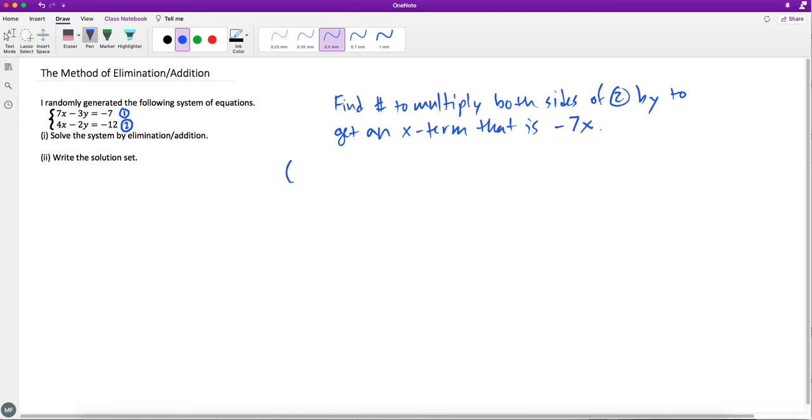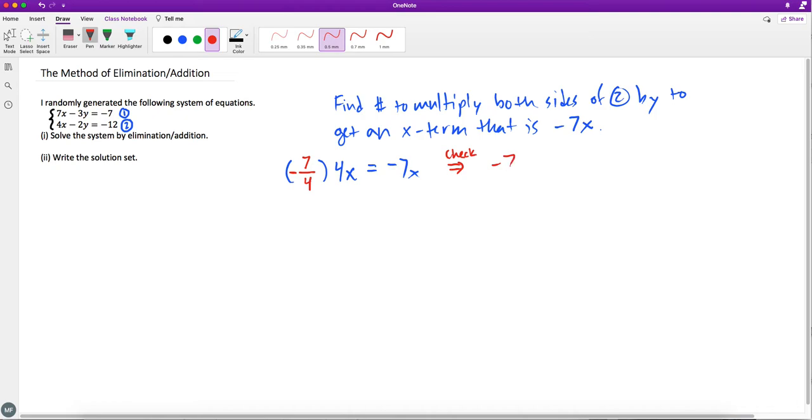So I have something times 4x equals negative 7x. Well, I don't have a 4 on the right side, so I'm going to multiply by something over 4. I want the result to be negative, and we have a positive, so I'm going to multiply by a negative. And I want the coefficient to have a 7, so my numerator is going to be 7. Let's go ahead and check this.